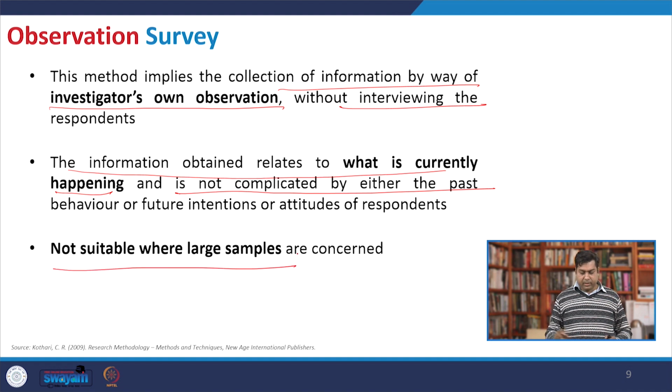Not suitable where large samples are concerned. In a small group doing this activity, I can make some observation about what this population is doing. But if it is a big population with heterogeneity, where people react in different ways, my observation may be too biased.